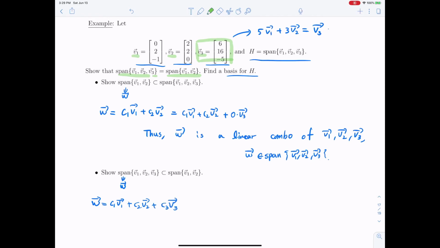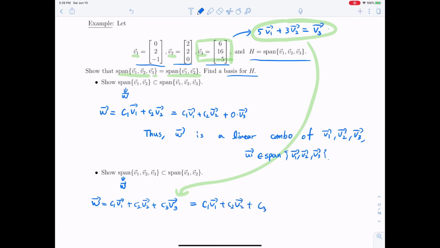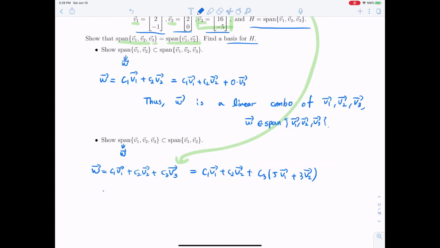But if you plug in the linear dependence relation into here, then this gives you c1 v1 plus c2 v2 plus c3 times 5 v1 plus 3 v2, and this equals (c1 plus 5 c3) times v1 plus (c2 plus 3 c3) times v2, or in other words, w is a linear combination of v1 and v2.